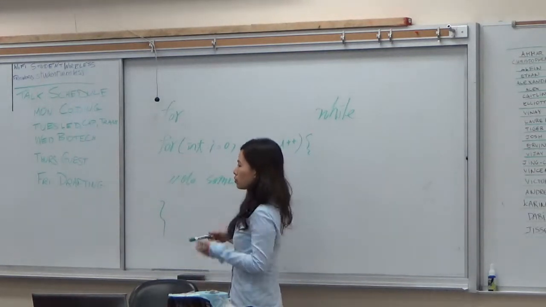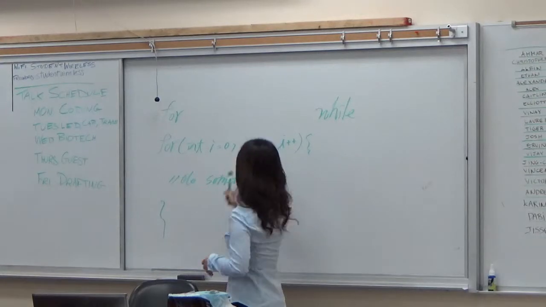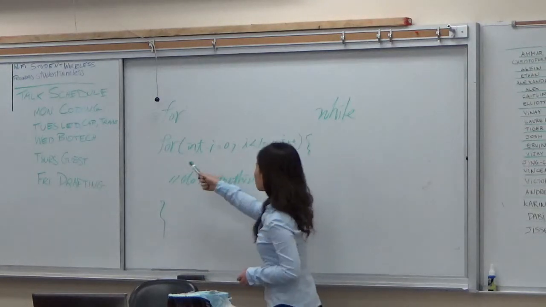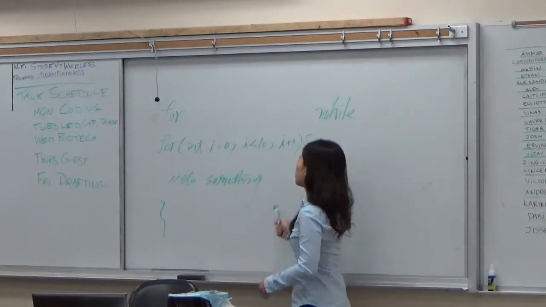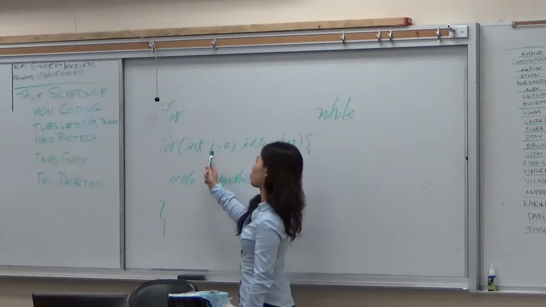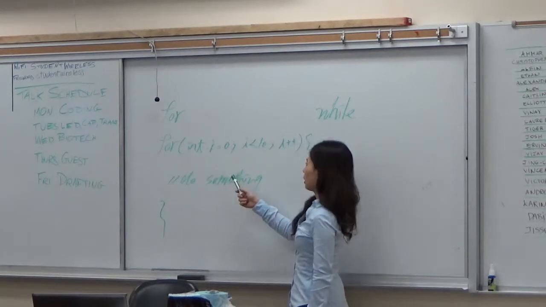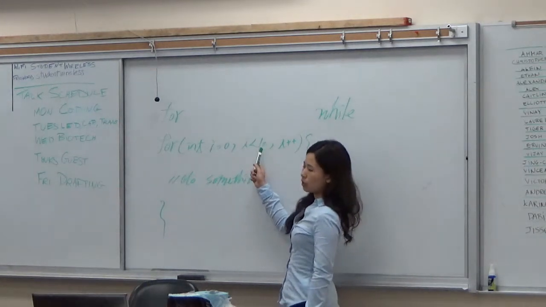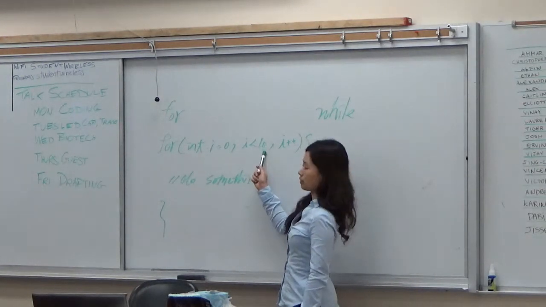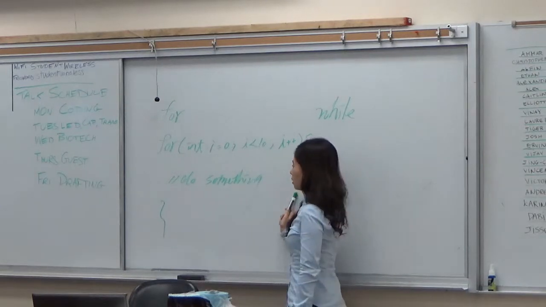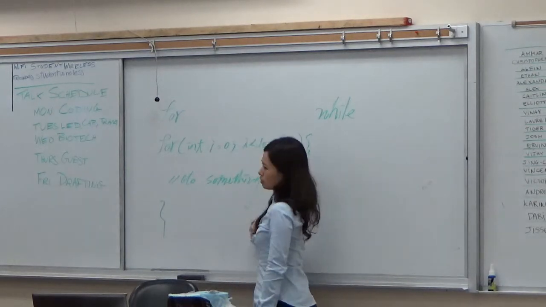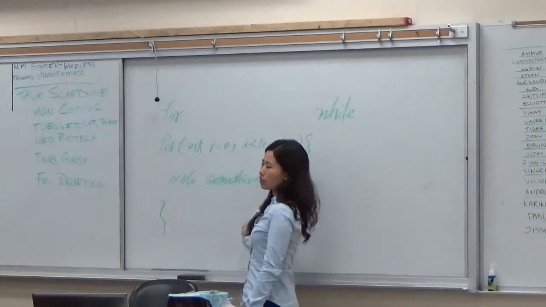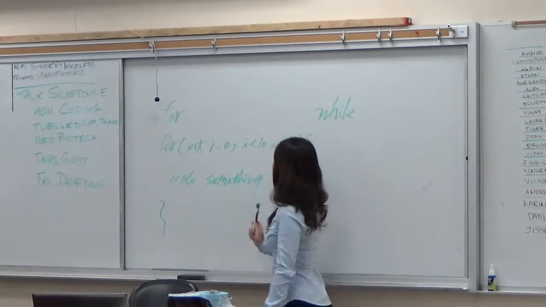You can choose any number you want. In this example, I have the variable i start from 0. As long as the value of i is smaller than 10, it will do the things I specified here in between the brackets.